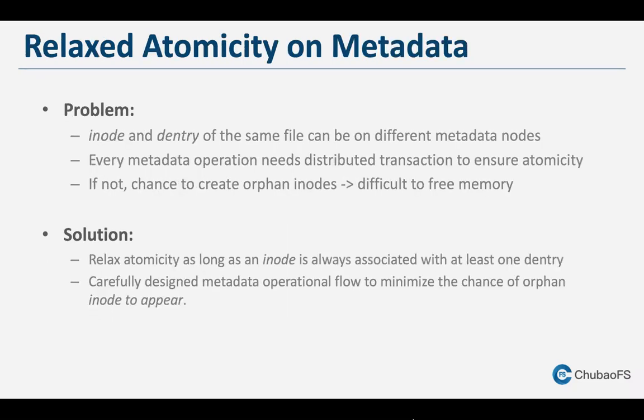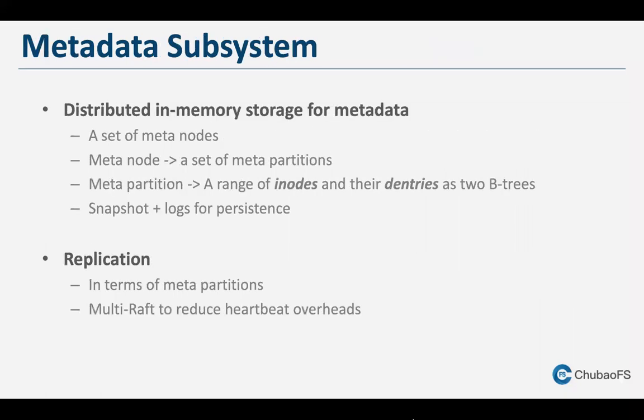Sorry, if we can go back one step, just a very quick question. The partitions are kept in memory, if I understood correctly. Yeah. And therefore, are they only snapshotted and written to disk periodically? Yeah.